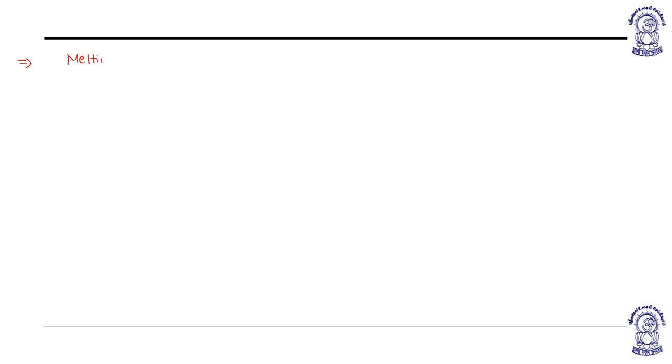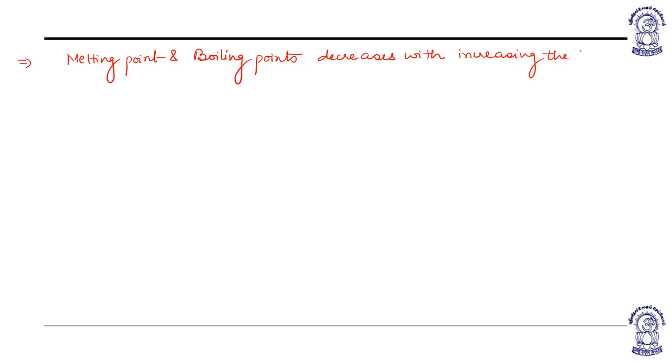Melting point and boiling point decrease with an increase in the number of branches.